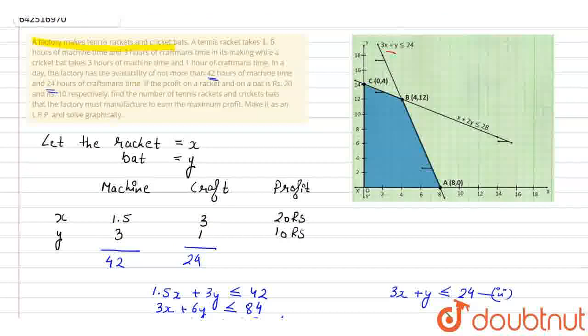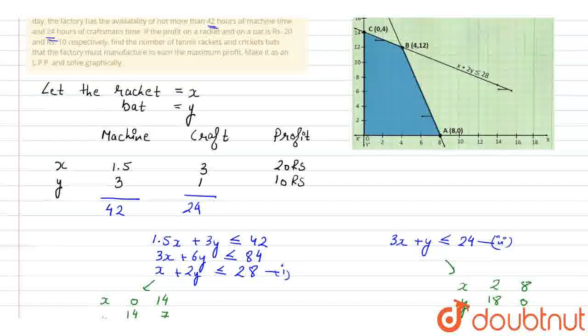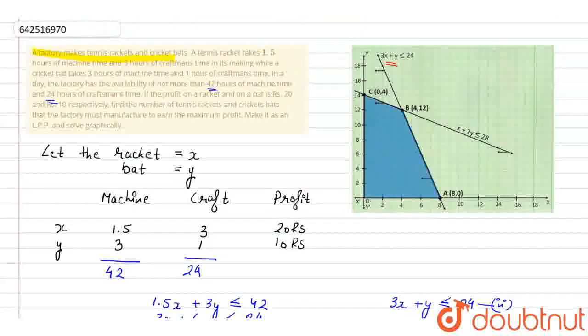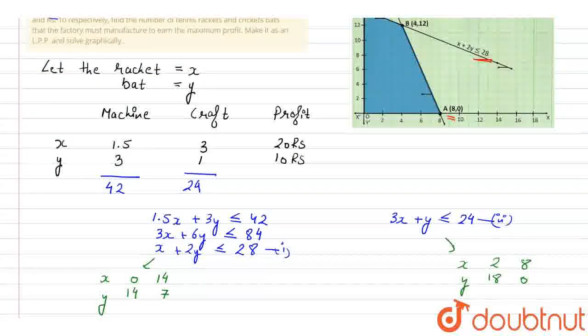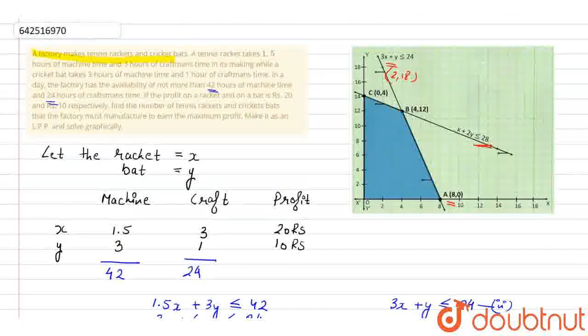So the equation 3x plus y is less than or equal to 24. This is our second equation and the coordinates of this are 2, 18 and 8, 0. So this one is 2 comma 18 and this one is 8 comma 0, and this is our second equation and the coordinates of this equation are 0, 14 and 14, 7.